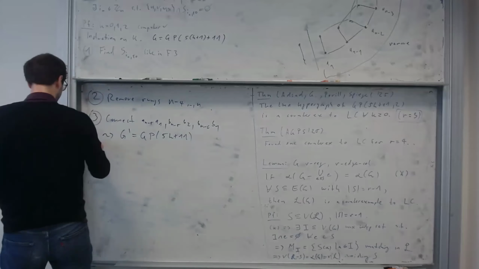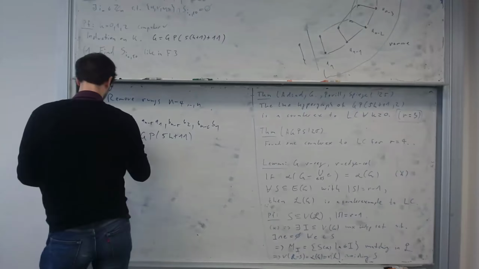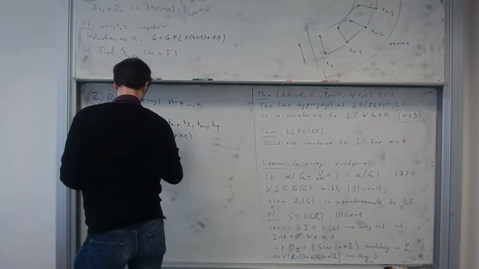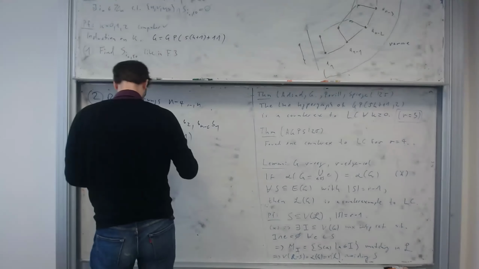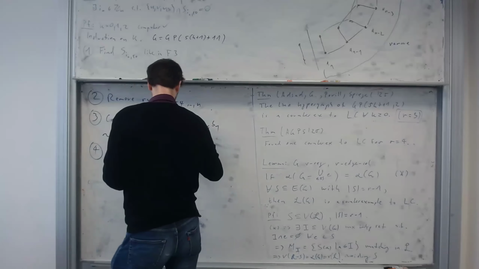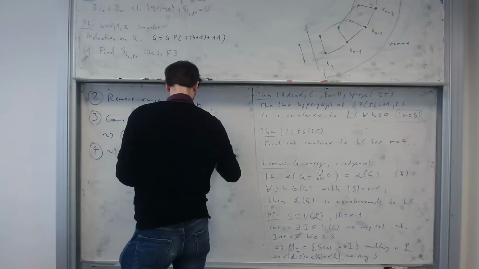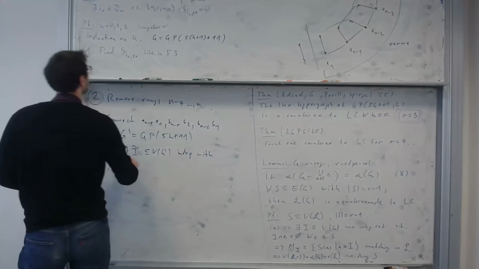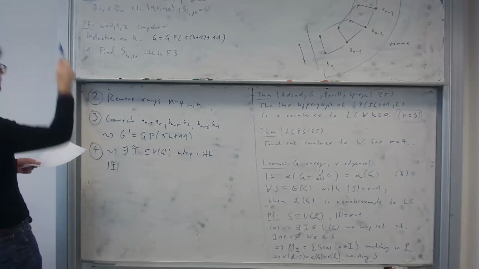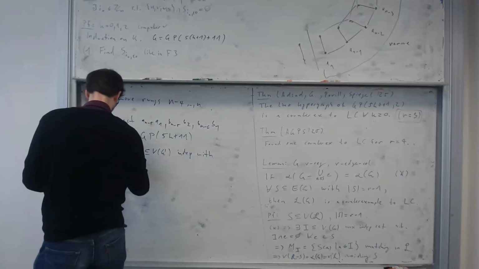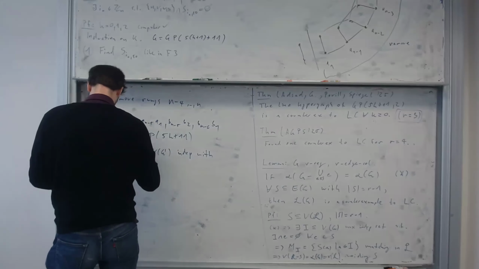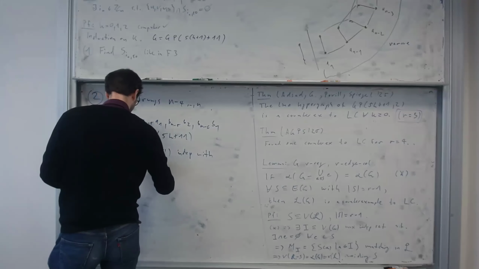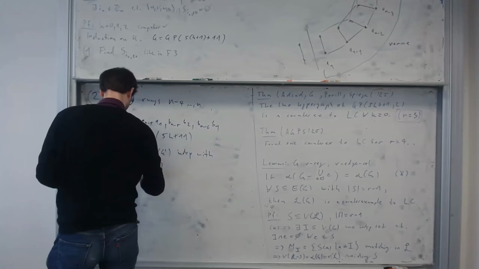So this gives us I tilde, and this is in the vertex set of G prime, and this is an independent set of the following size. Well, we know by fact 1 what the size of the maximum independent set is, and that is 4 times (5k plus 11) divided by 5.